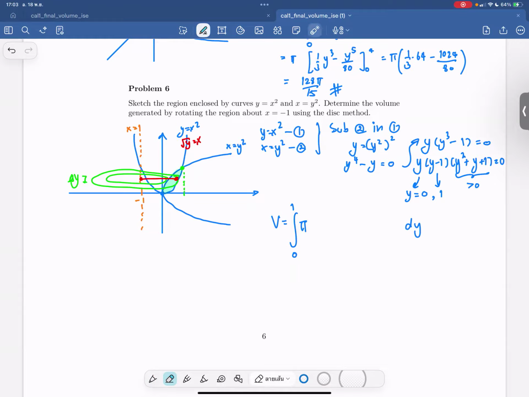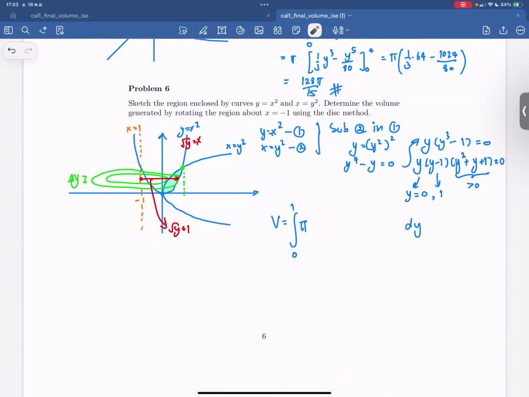So the radius is the value of square root y, and then plus 1.